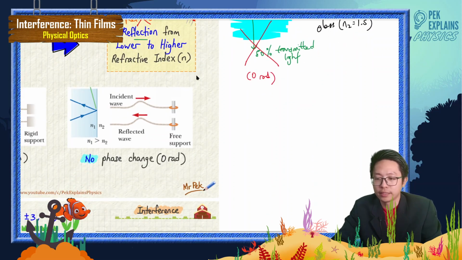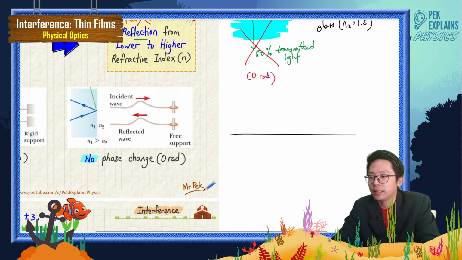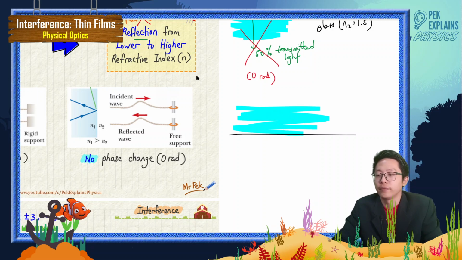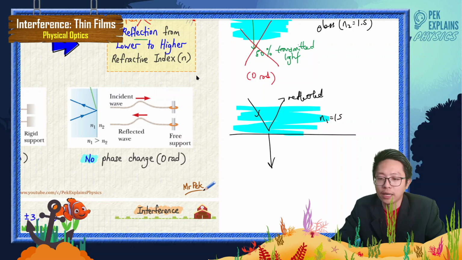That means, let's say I travel from here, the reflected light. The incident light travels from glass going to air.